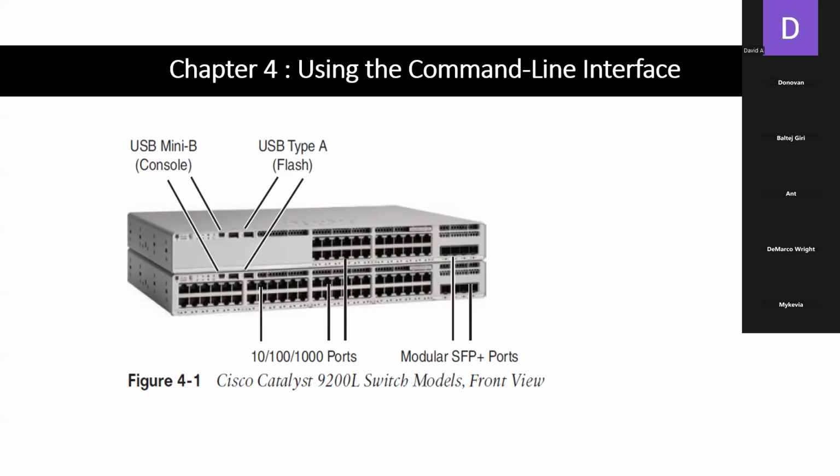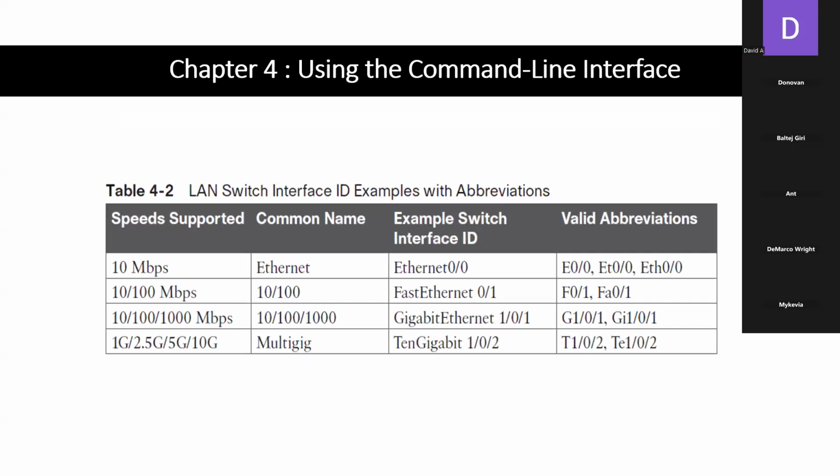All right. This table is very important, and I love this. It's not a key topic for the exam, but it goes over the common names and the abbreviations. This is going to help you whenever you're in the command line and trying to get into the different configuration modes.